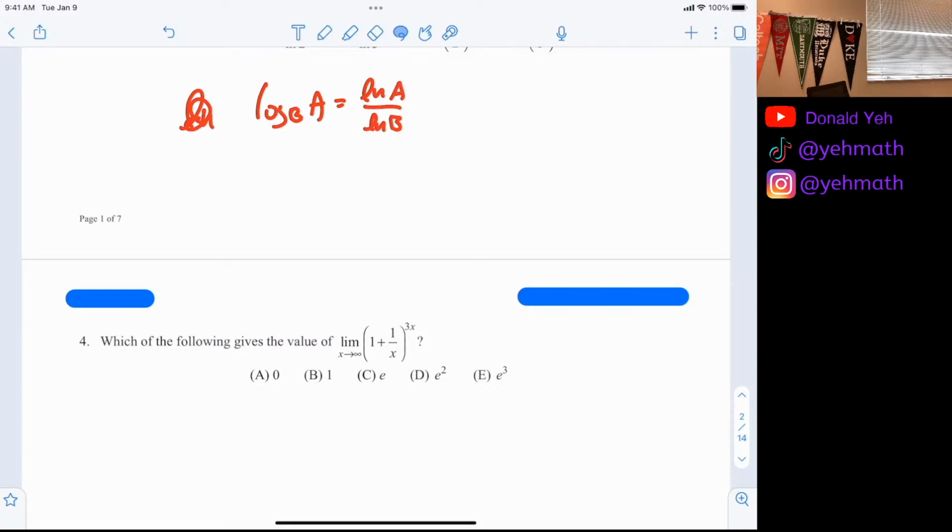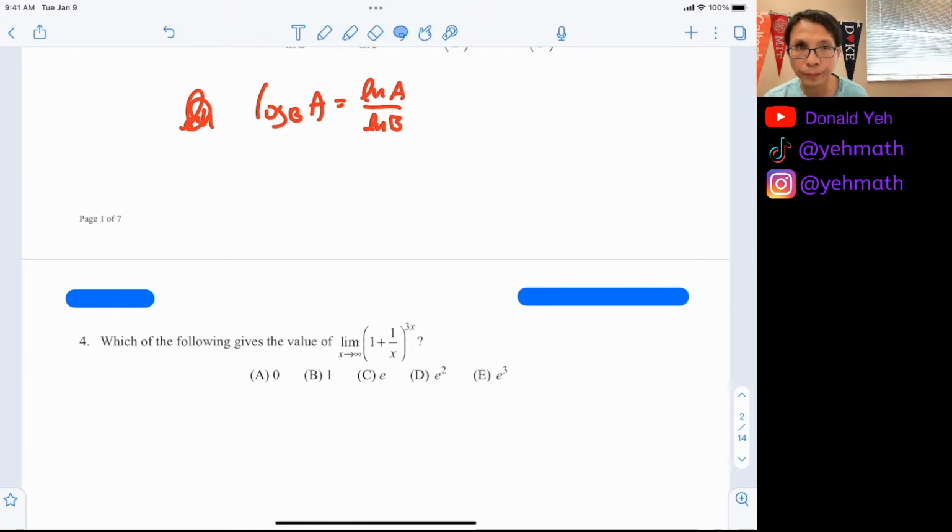Dude, this is literally a derivative. So it's ln of y equals the limit as x goes to infinity, and on the top it's ln of 1 plus 1 over x, and on the bottom it's 1 over 3.